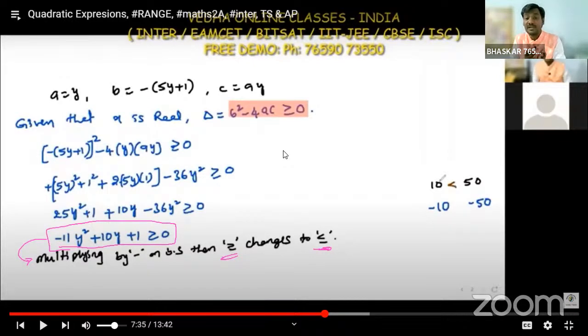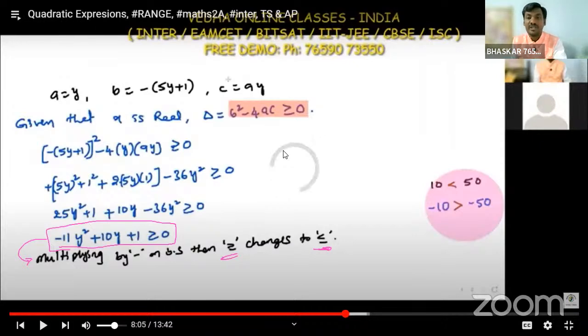Which is bigger, which is smaller? With negative signs, the smaller value becomes bigger and the bigger value becomes smaller. Here minus 10 is bigger than minus 50. If we change the sign, only then it will be satisfied. Otherwise, we get the wrong answer.